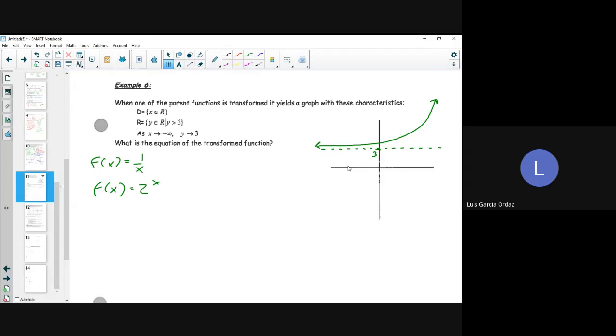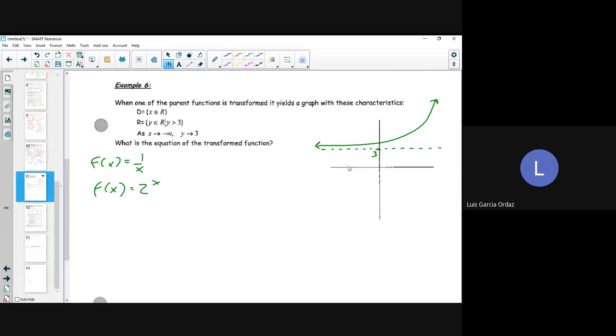Oh, okay. But just for this specific side, we have to look at this specific characteristic. As x approaches the negative x values, the y value approaches 3 for the exponential function. That means as x approaches positive infinity, y approaches positive infinity. Yep.